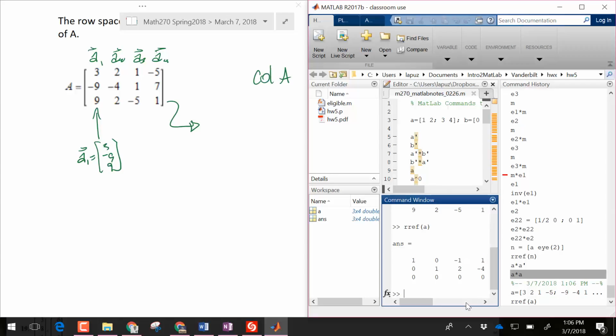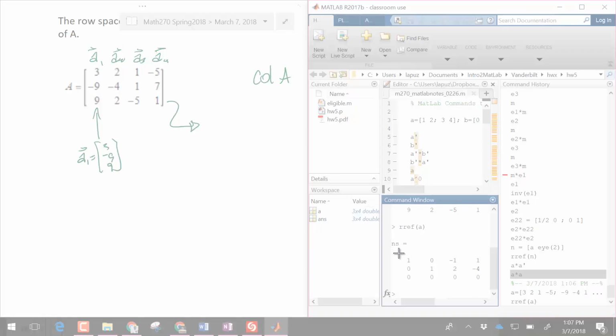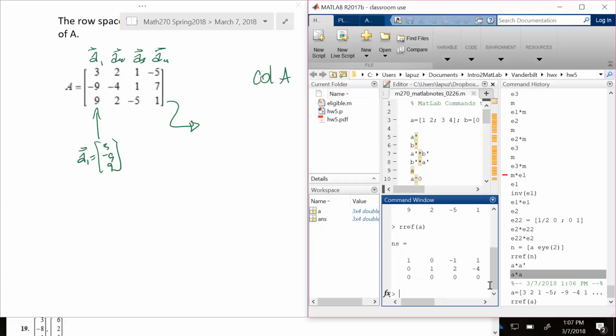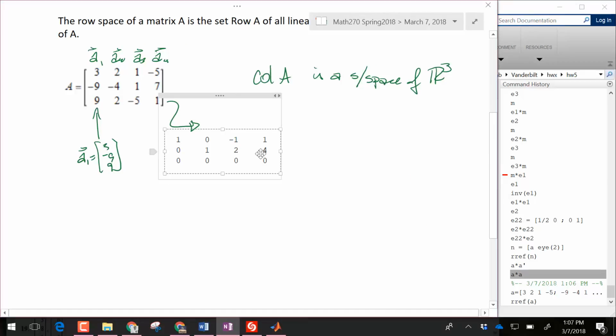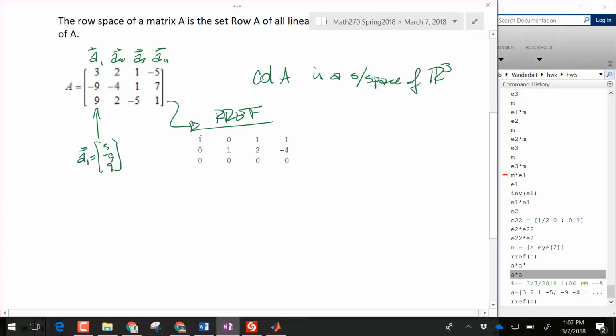No, look at that. So we row reduce and we get this. So in our reduced row echelon form, we get this. So let's take a look at it.